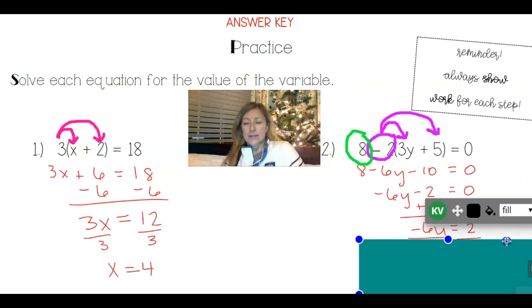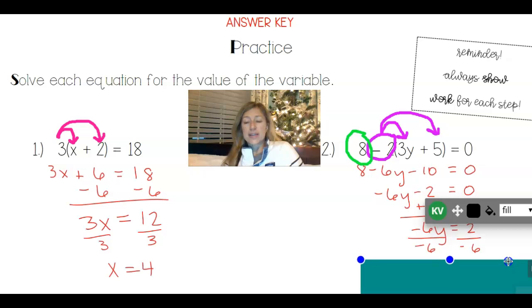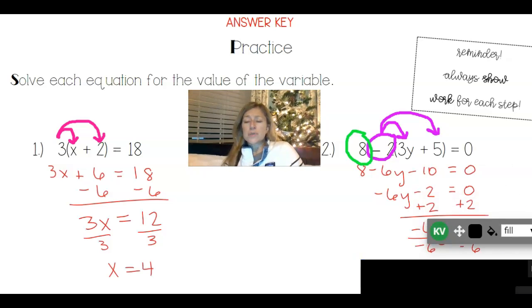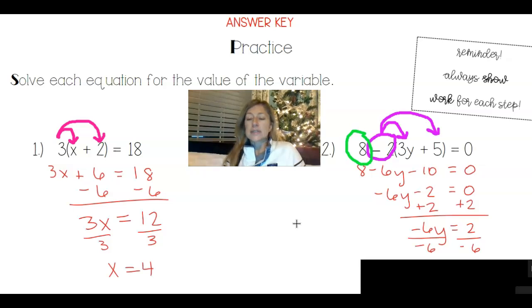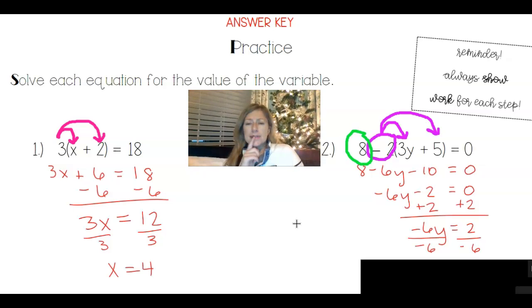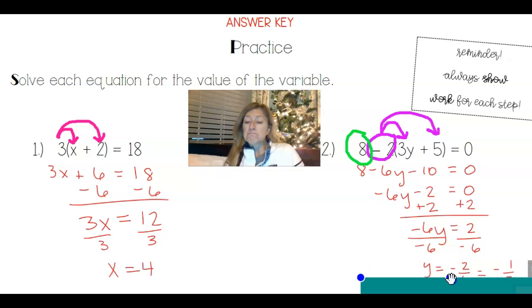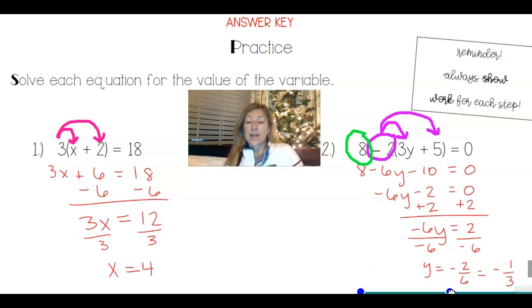When I get done here, dividing both sides by negative 6, all that I want you to do is look at this and say, I know 2 is less than negative 6 as a number. The absolute value of it is less. So that means I'm going to get a small fraction, and I can simplify the 2 and the 6 so I get a fraction that's usable. Look at that. Y equals negative 2/6 or negative 1/3.